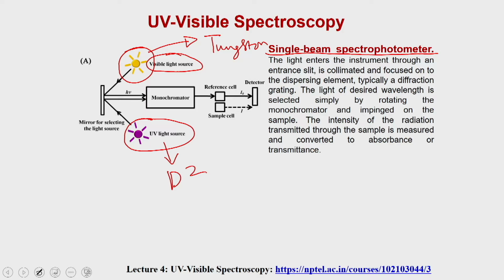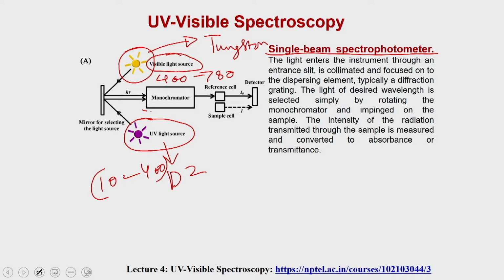Both are going to give you light depending on what wavelength or region you select. If you select 400 to 780, then only the tungsten bulb is used, but if you use the region from 10 to 400, then you use the UV light.